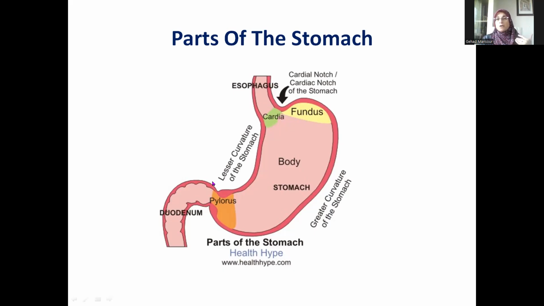Concerning the pyloric sphincter, the fundamental function is the same, it contracts and relaxes, but there are minor differences. So when the pyloric sphincter contracts here, it retains food inside the stomach. It keeps the food long enough inside the stomach cavity in order to give enough time for proteins to be digested.